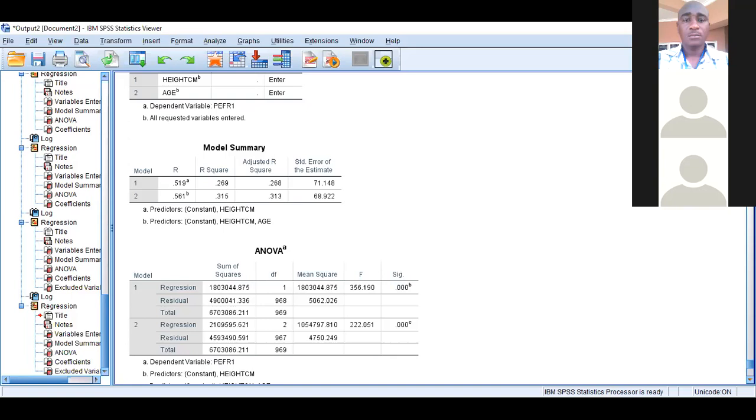Exactly. It's not as much. Age is contributing to the model more than weight, because weight and height overlap a lot. It shows that the effect of the weight you are seeing is actually due to height.